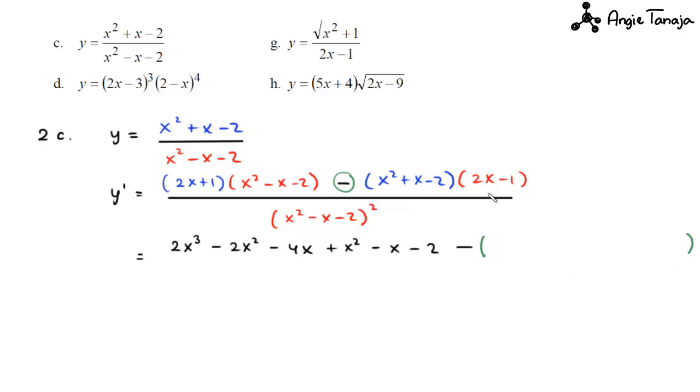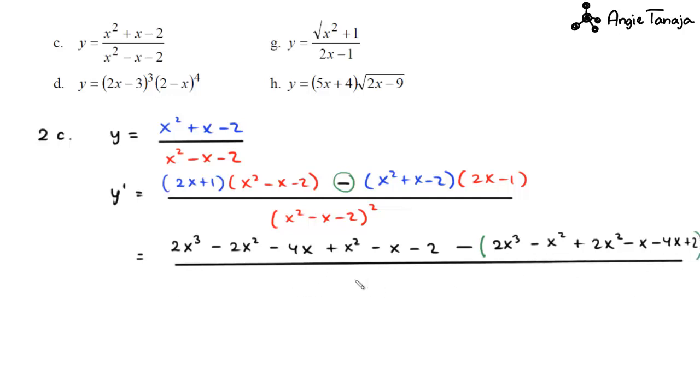So this will be 2x cubed minus x squared plus 2x squared minus x minus 4x plus 2, over the denominator.